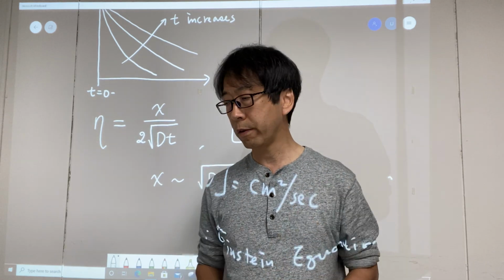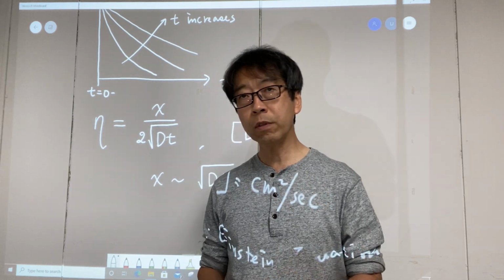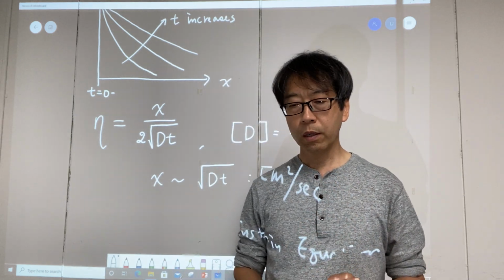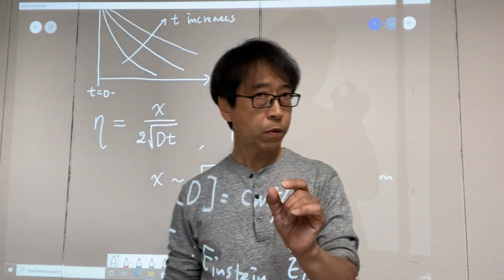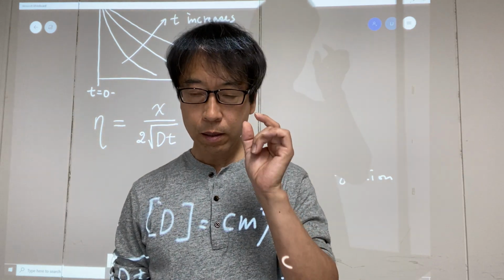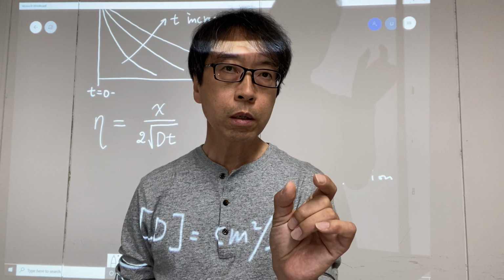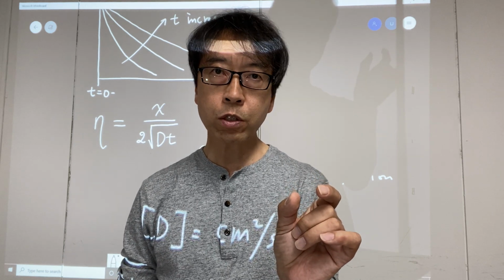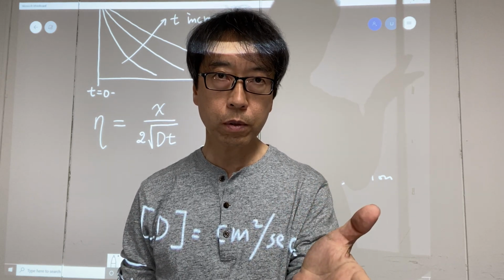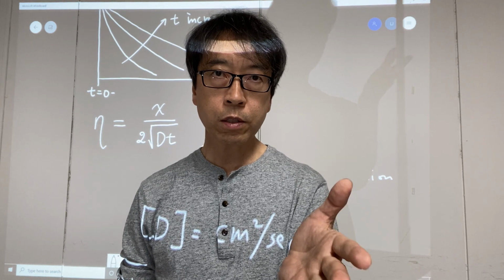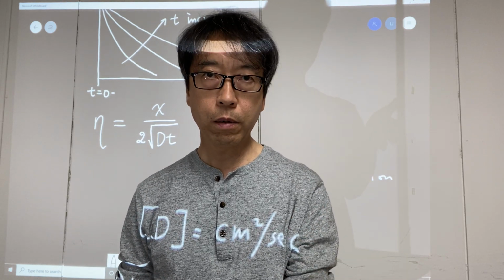But even in the same water, if the size of such diffusion becomes like microscale or nanoscale, then it takes a fraction of a second for the molecule to diffuse. That's exactly what's happening inside the cell.